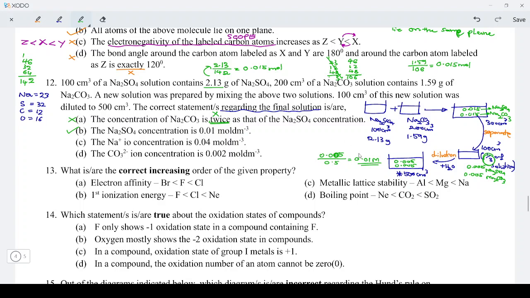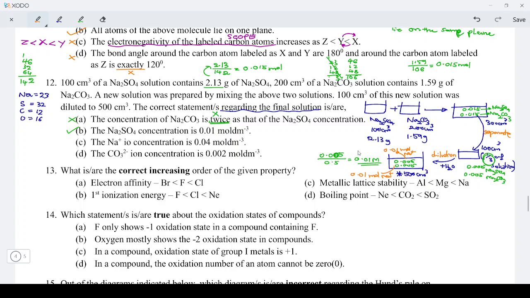You will see each compound 0.005. So from here sodium will be coming like 0.01 of sodium plus, and from this also you will have another 0.01 because each compound contains 2 sodium plus ions. Okay, so then if you add them up, 0.02.